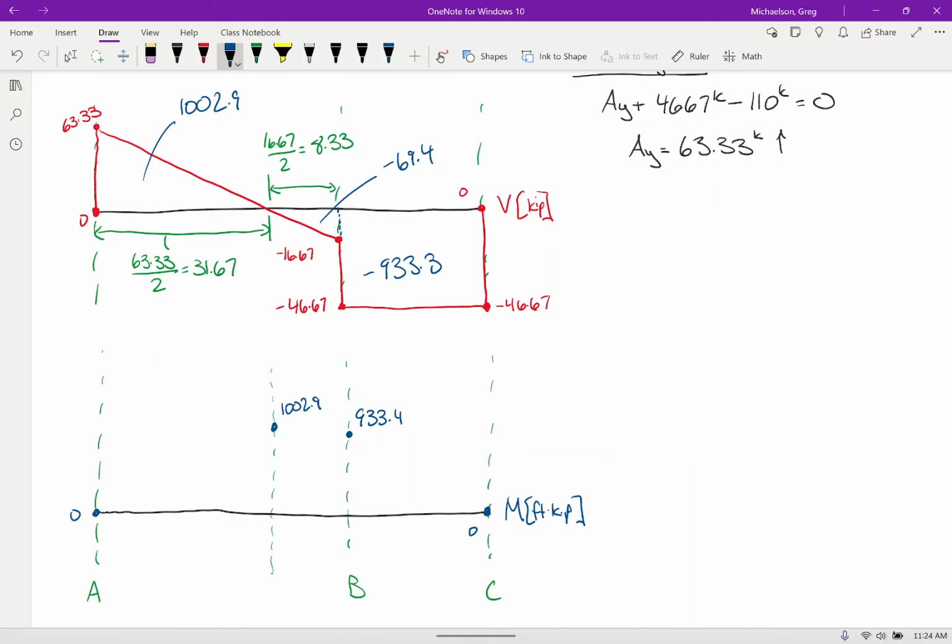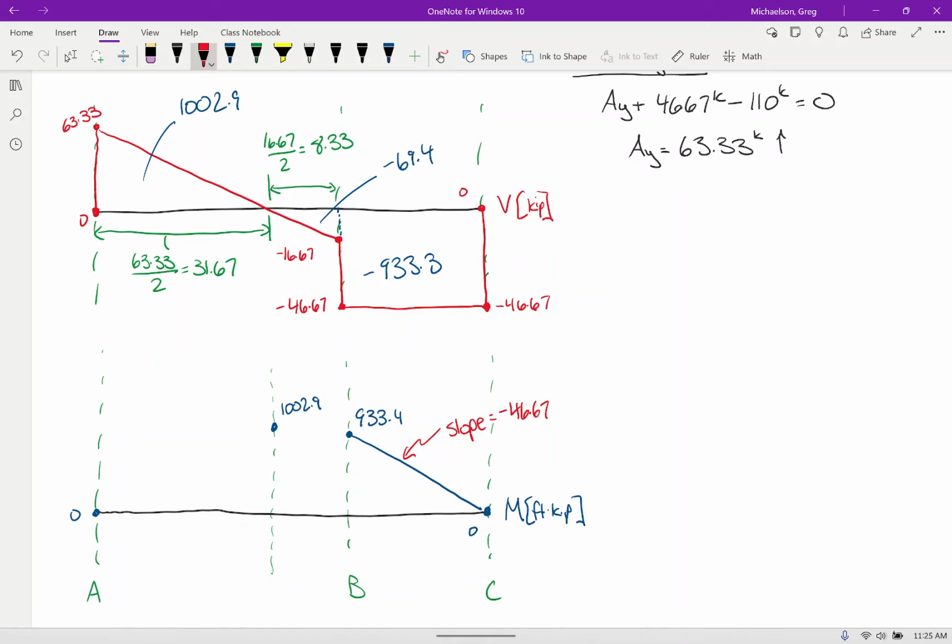What does the region look like from B to C? From here to here. A line. This is a straight line, and the slope is negative 46.67. All right? Make sense?